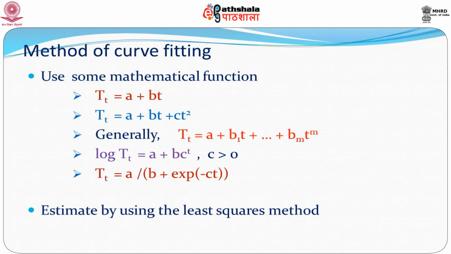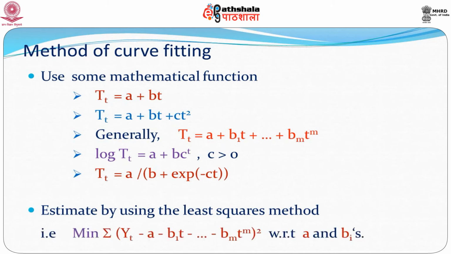So, this can be done by minimizing the summation of (y_t minus a minus b_1 t minus ... minus b_m t to the power of m) whole squared with respect to the a's and the b's.